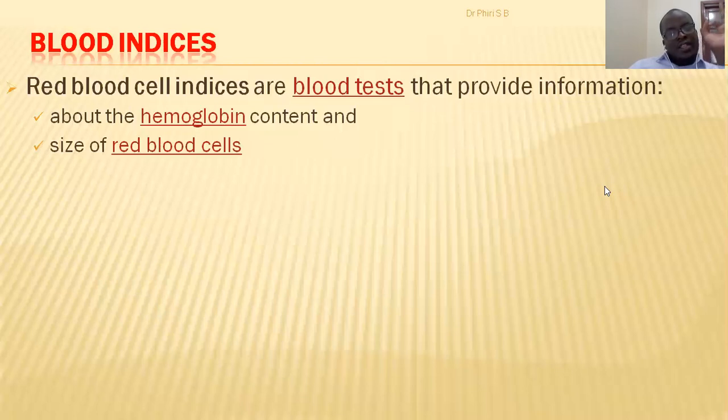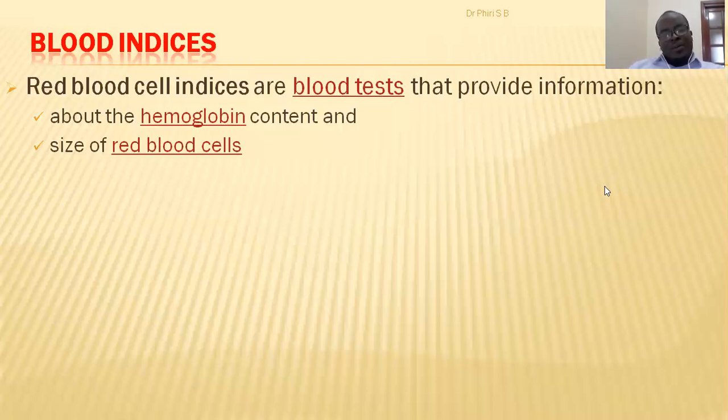So you're going to have more small cells, which are called microcytic. Then they will have reduced color density, so it's called hypochromic. So hypochromic microcytic anemia.